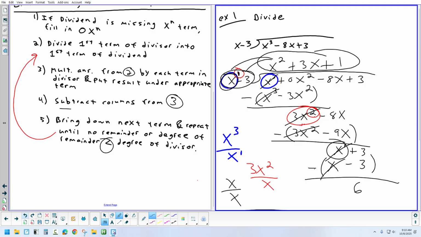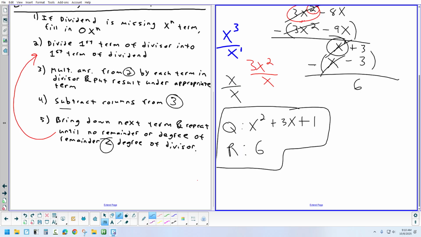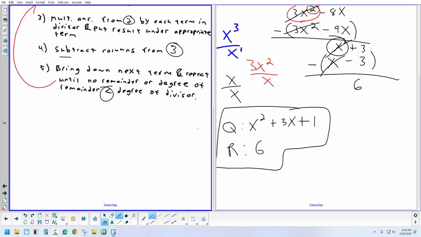Okay, so that's one way you can write your answer. Here's a different way. You can do it the same way you do it when you learn long division with numbers. If you were doing, let's say, 13 divided by 5. How many times does 5 go into 13? 2. And what's the remainder? 3. So one way you can write your answer is quotient plus remainder over the original denominator.